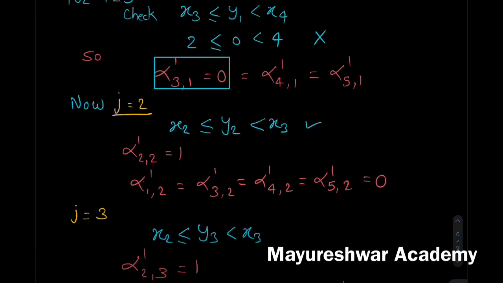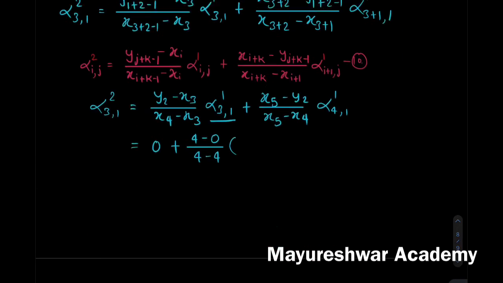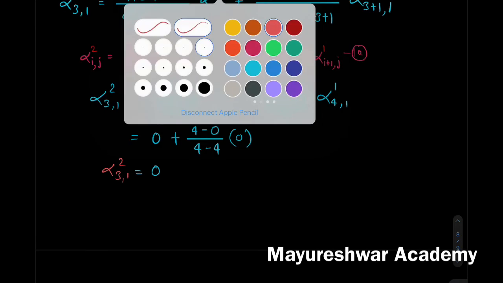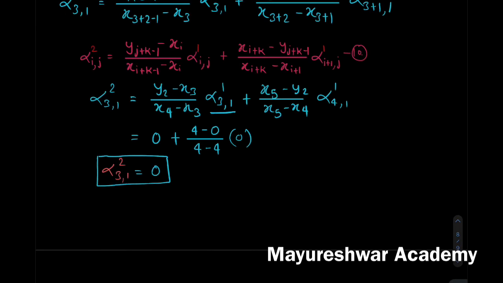Let us check it. Yes, so this is the term, so this is also 0, so we need not calculate anything. So alpha 3 1 in short is going to be 0. Okay, let us highlight this, we are going to use it further.